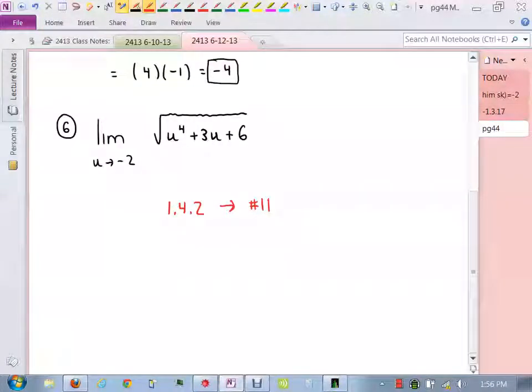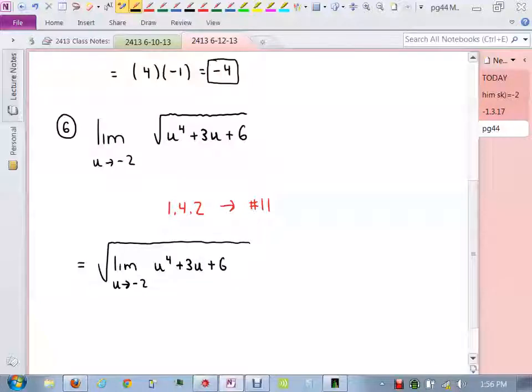So I can turn this into the square root of the limit as u approaches -2 of u to the 4th plus 3u plus 6.